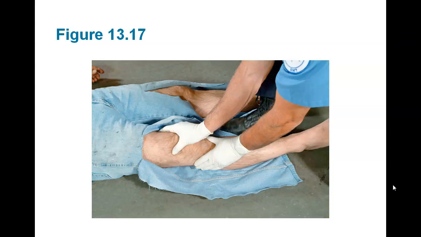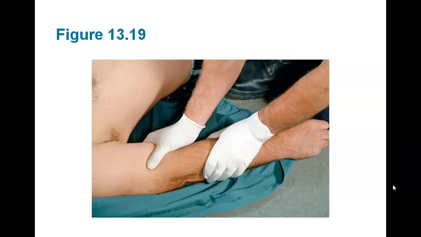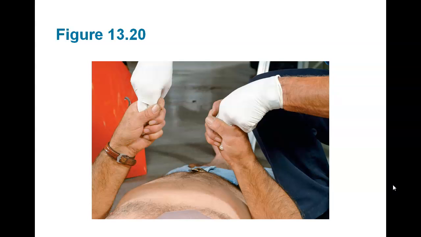Palpating the legs and feet for pain, deformity, and for crepitus. Assessing circulation, sensation, and motor function in each foot. Palpating the arms and hands for pain, deformity, and crepitus. And then assessing that circulation, sensation, and motor function in each hand.